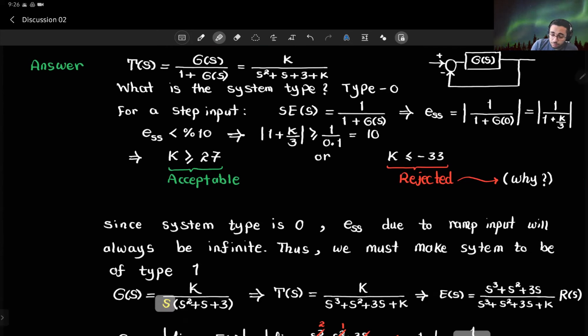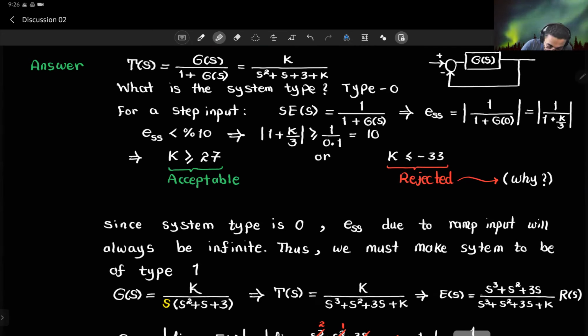Again, it's going to be k divided by s cubed plus s squared plus 3s plus k. So after you do the manipulation as before, you get that E of s is going to be equal to s cubed plus s squared plus 3s, divided by s cubed plus s squared plus 3s plus k, times R of s.